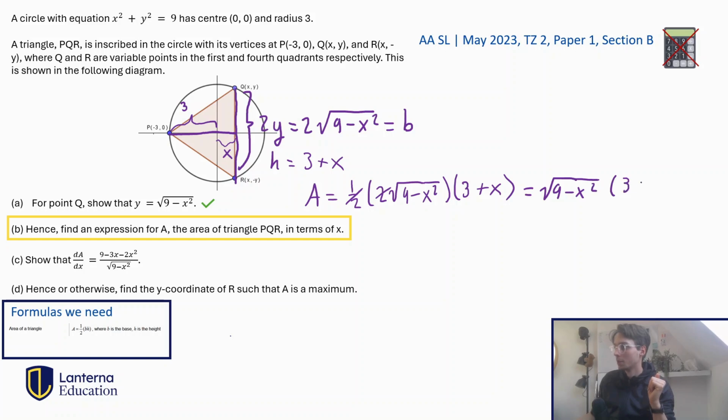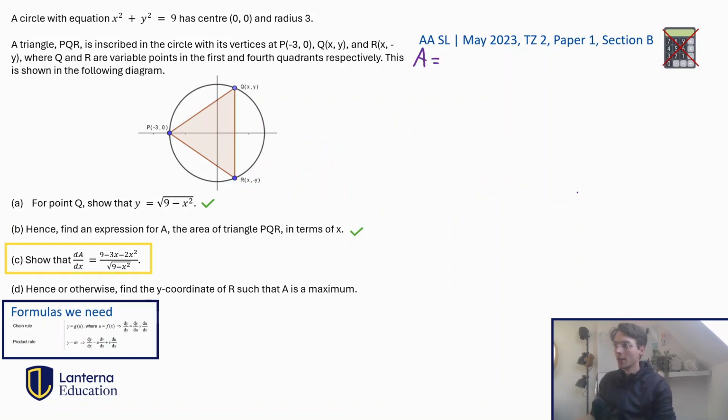times 3 plus x. Okay, so let's just write that on the slide as well. So we've got the square root of 9 minus x squared times 3 plus x, like so. We've got two things multiplied. What do we need to use when we differentiate two things that have been multiplied? We use the product rule.